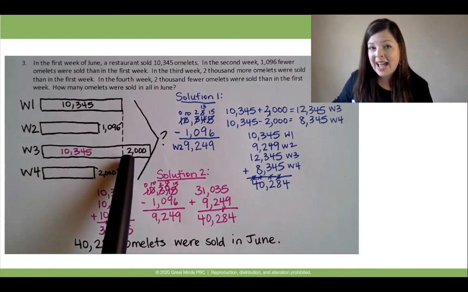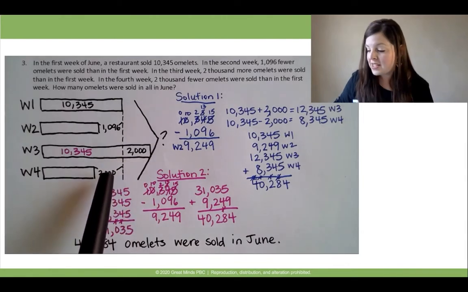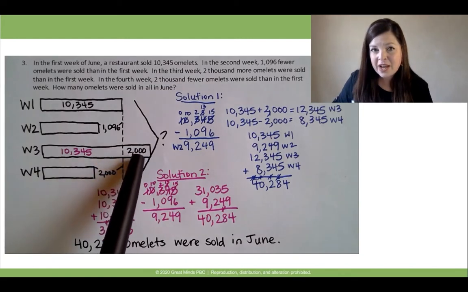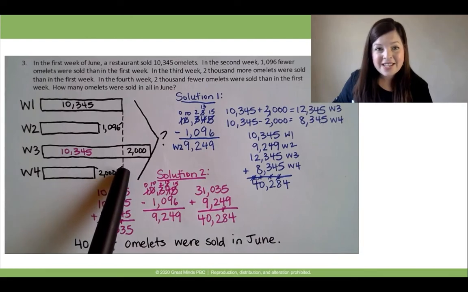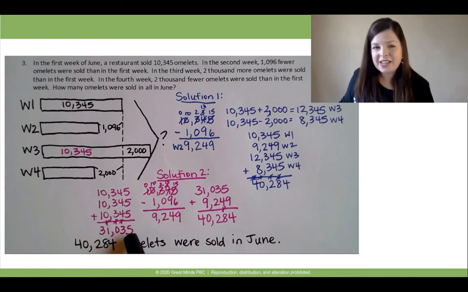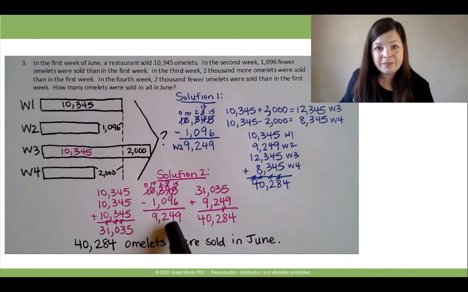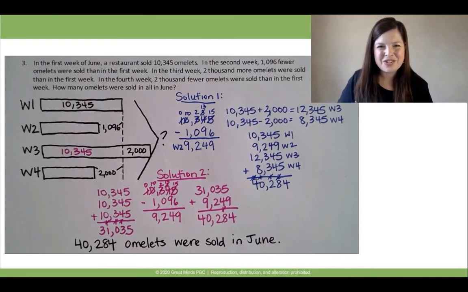Well, since we're adding 2,000 to 10,345 here and subtracting 2,000 from 10,345 here, it's like we could move this 2,000 part to here, and then we'd have another unit of 10,345. So they added those together, got 31,035. Then they found the number of omelets that were sold in week 2, and then just added those together to get the total number of omelets sold in June.